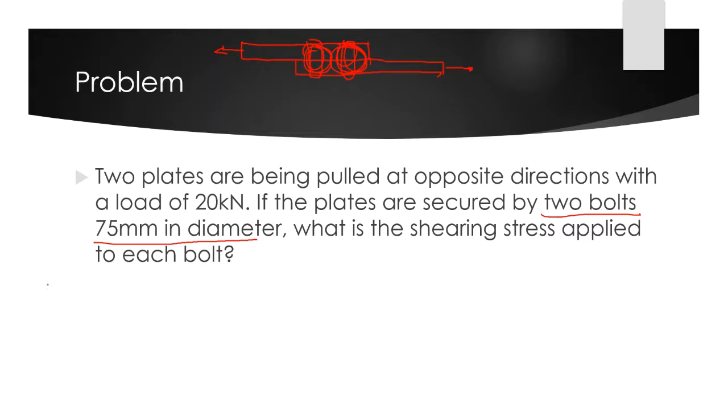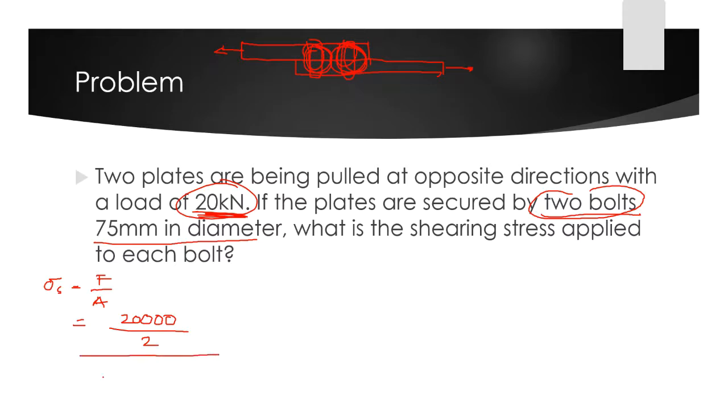So here, we'll still be using the same formula. Stress is equivalent to force over area. So for the force here, we have 20 kilonewton, that's 20,000. It is divided by 2 because there are already 2 bolts accommodating the load, or the force. So you can just divide it by 2.